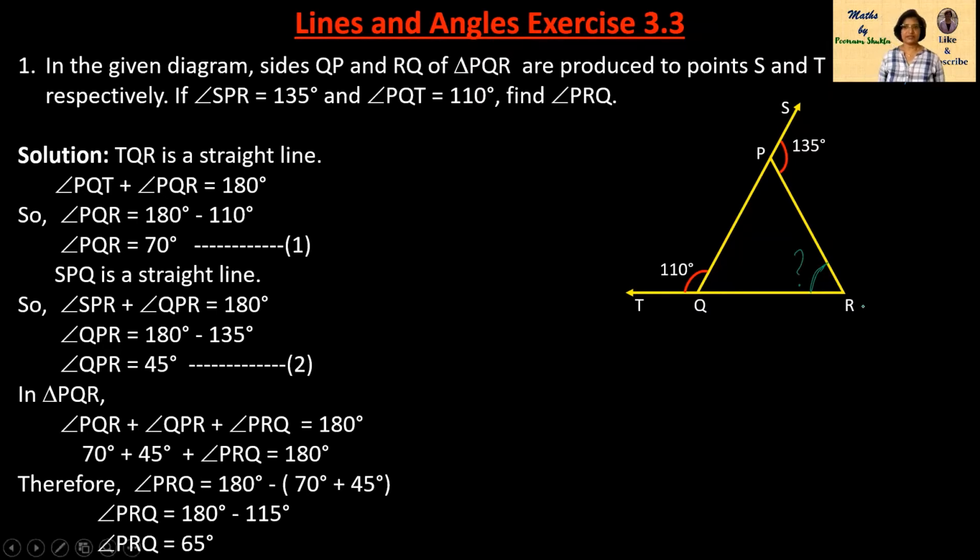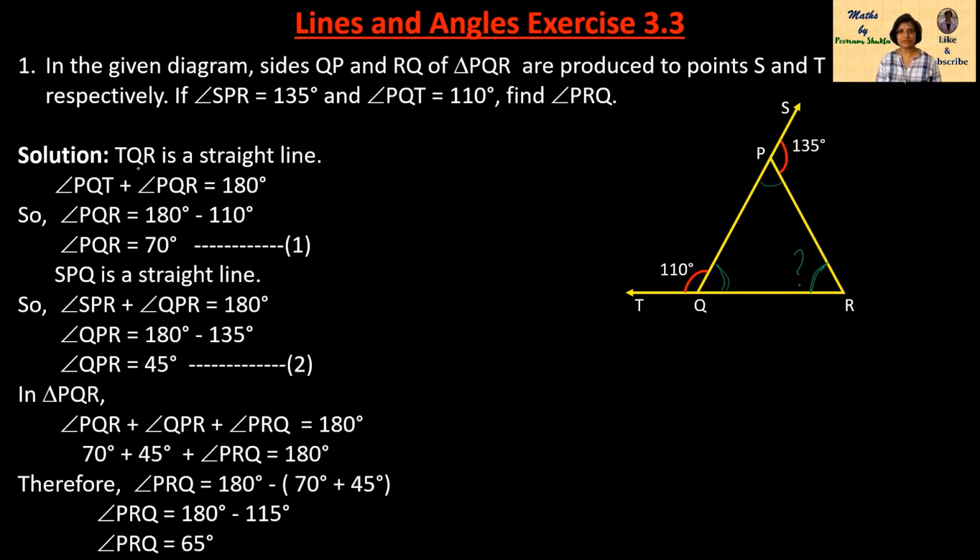So for that, what we could do is find this angle and this angle. We can find this angle by using the theorem that the sum of all internal angles is equal to 180 degrees. So first we will go for this or this, anything you can.